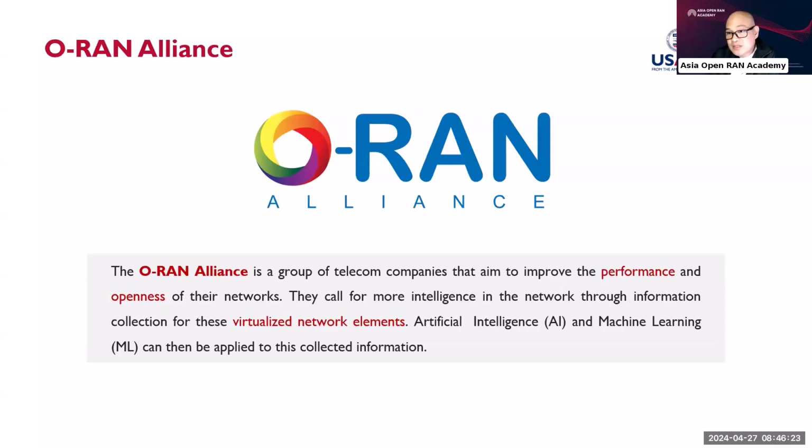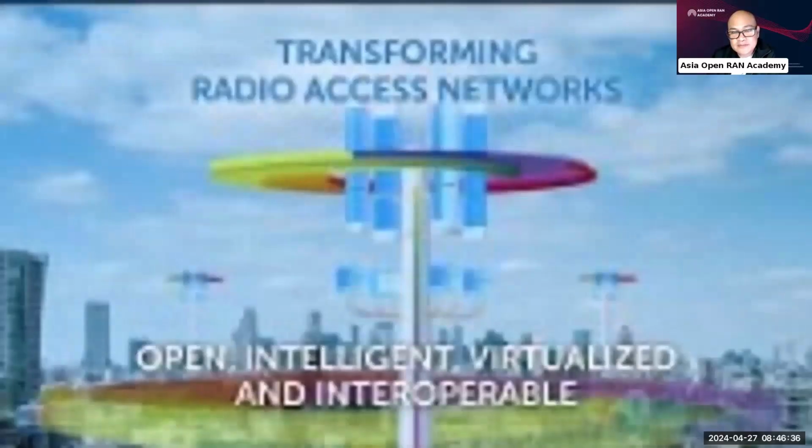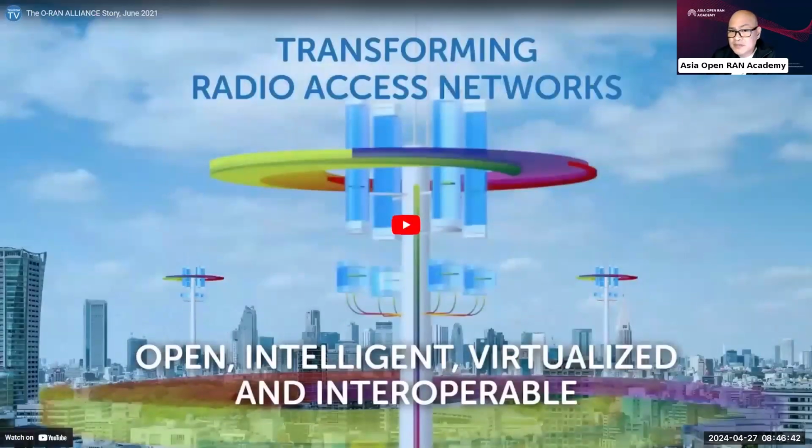Now let's watch a video about the O-RAN Alliance, so you become more familiar with it, especially if you are very curious about studying the specifications of the Open RAN architecture. Let's watch this video.